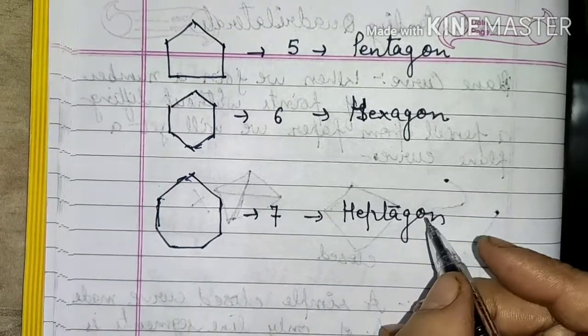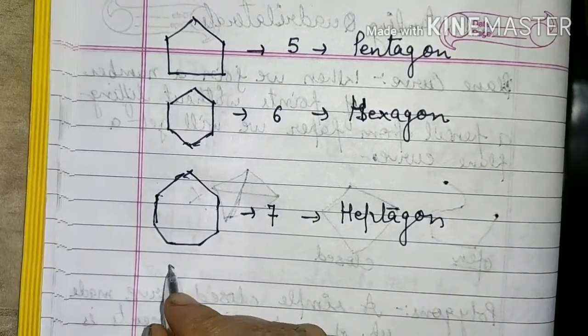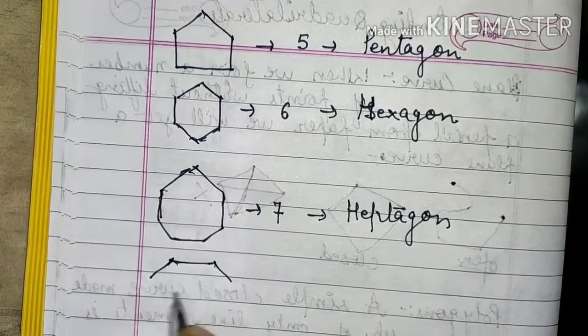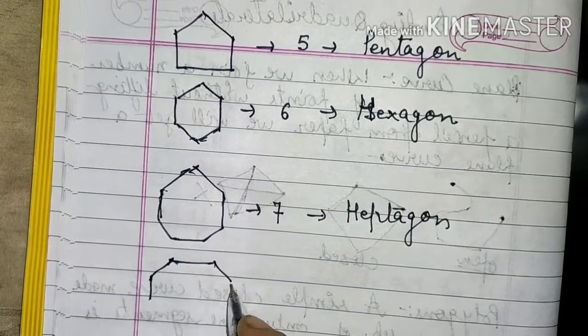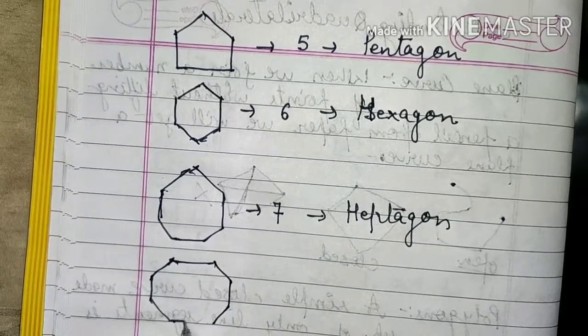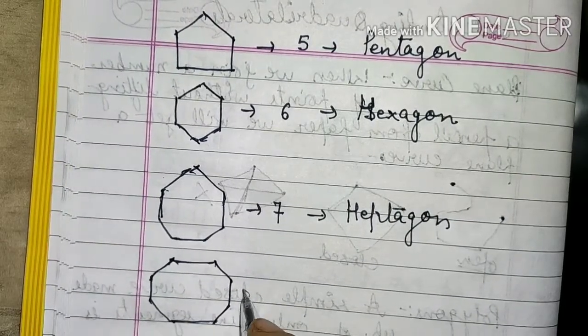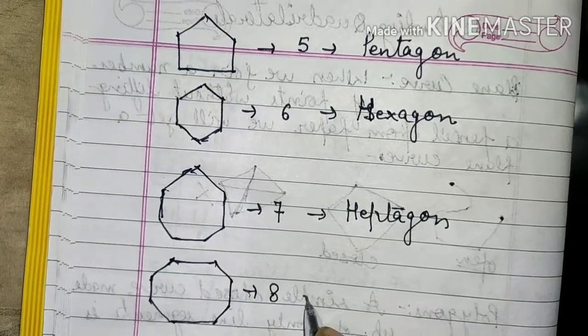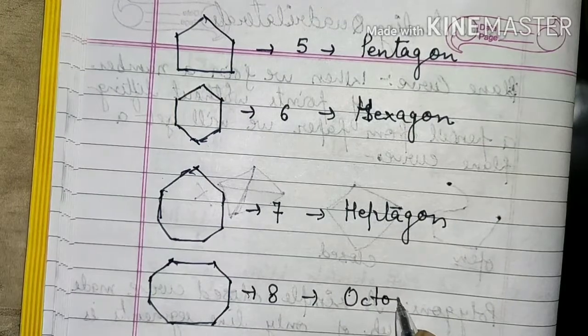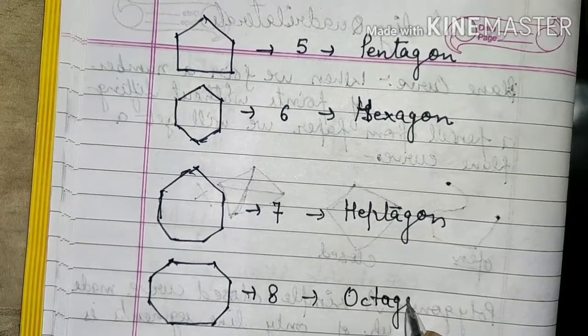If we are talking about 8 sides, it is an octagon.